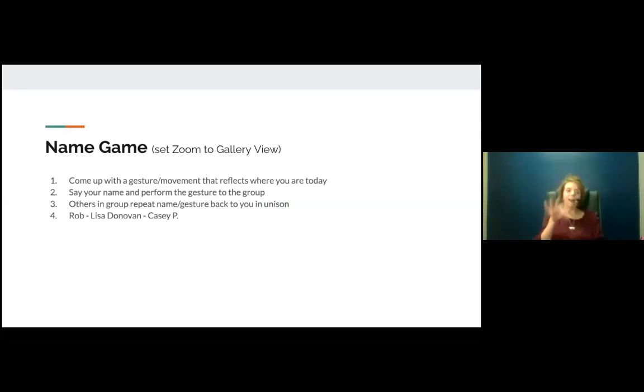So what I want to do, and I don't know if one of the other presenters was talking about doing the name game, and we've been experimenting a lot throughout the summer with using breakout rooms and all these different mechanisms to do kind of our classics. We've done blind contour, we did body percussion.